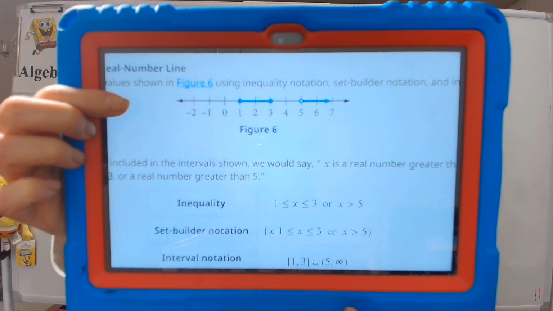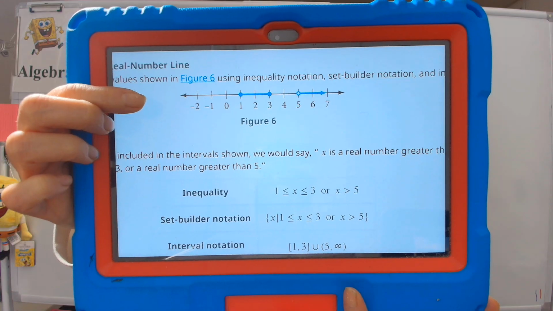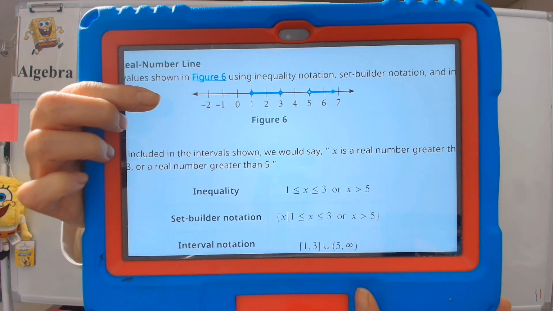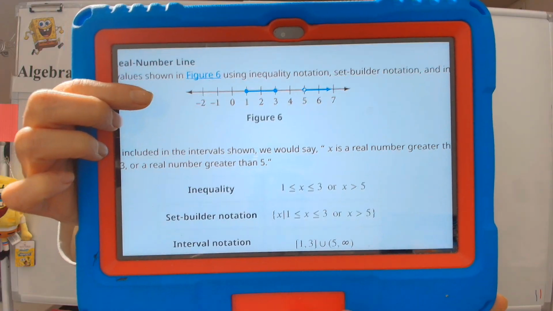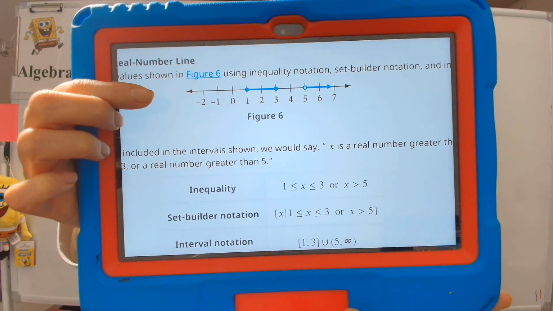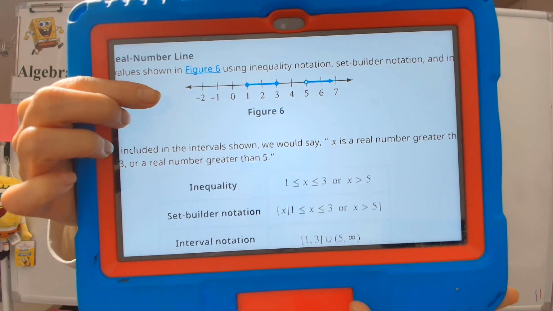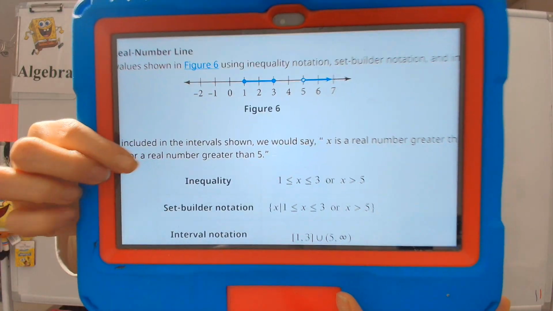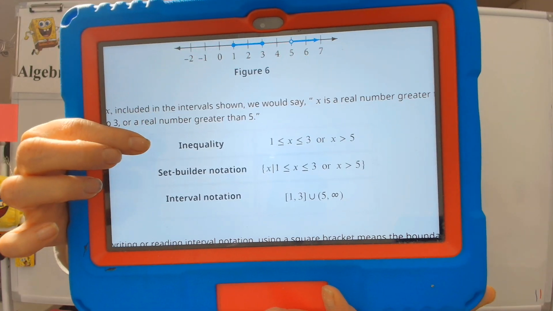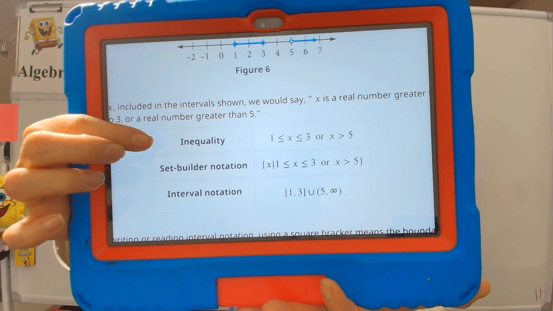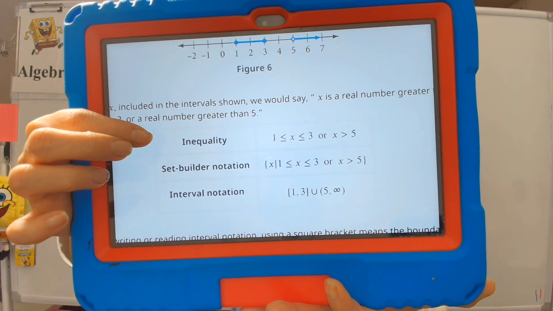Okay, now take a look at this thing. We have, okay, so the value of x, you can see it goes from 1 to 3, inclusive of both ends, and then 5 onward, not including 5. So we're going to say it like that, like it says. See, x goes from 1 to 3, including 1 and 3 with an equal sign, or x bigger than 5, doesn't include 5, no equal sign.